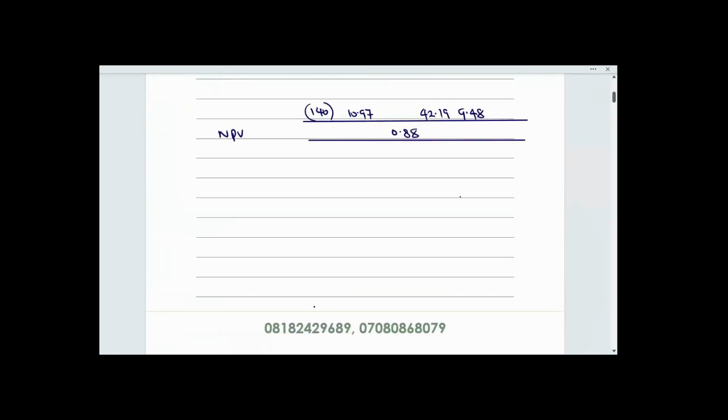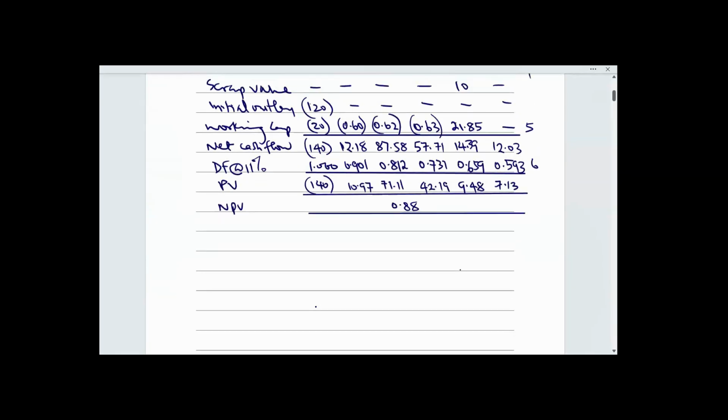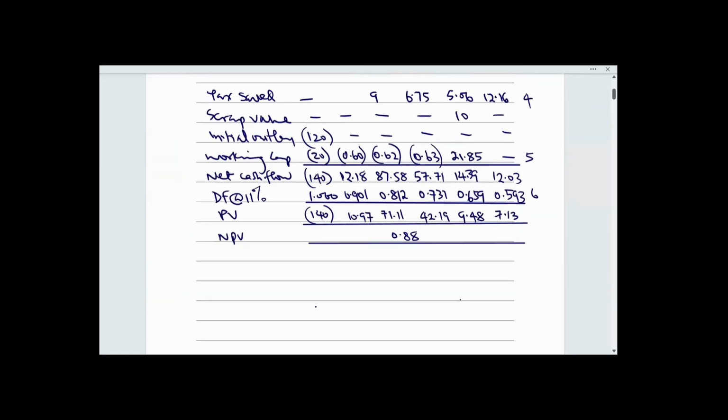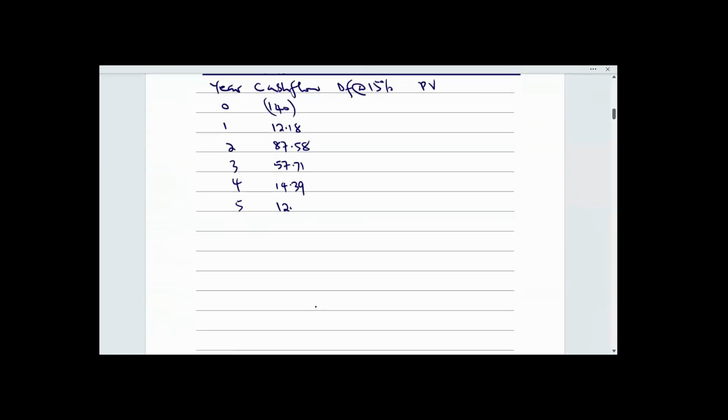Year 4, 14.39. And then 12.03. That's the net cash flow.